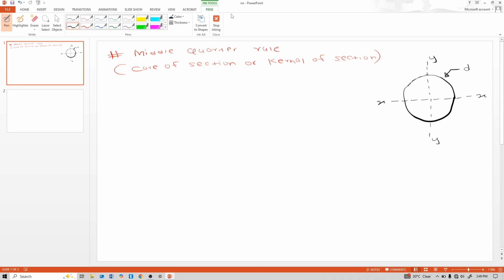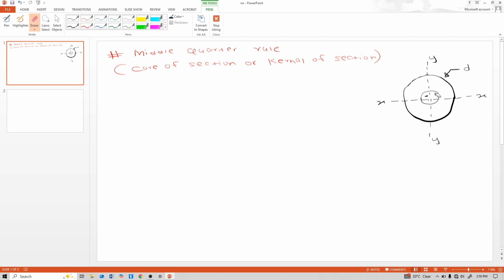That means the centrally located portion of a section like that, within which only compressive stress acts. So if we put our load here in that circle, then only compressive stress will be produced. So that is the meaning of kernel of section and core of section.